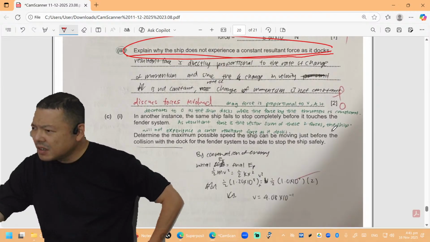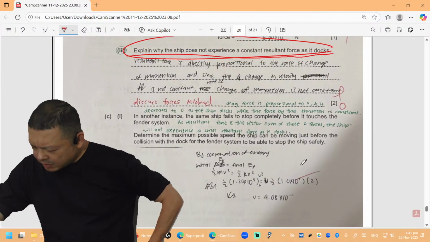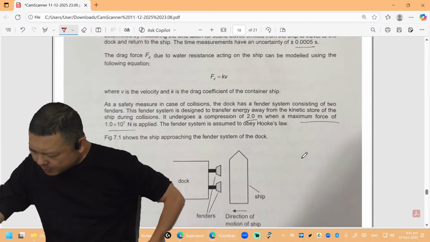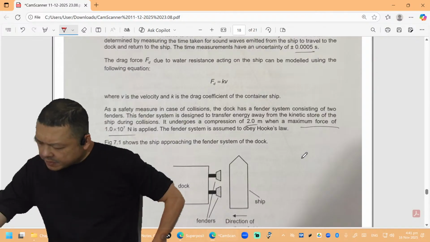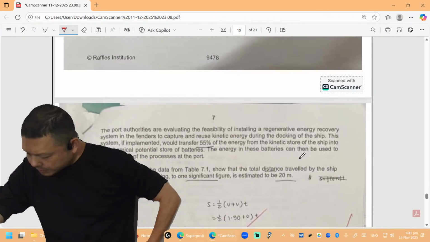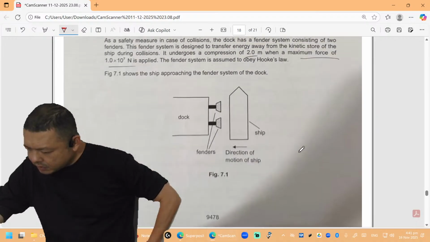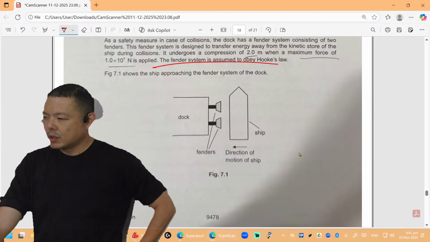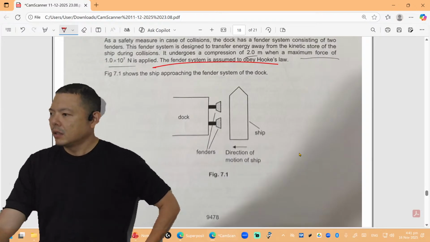What are the fenders? Are they considered as springs? Oh, springs, right? So what's the EPE?